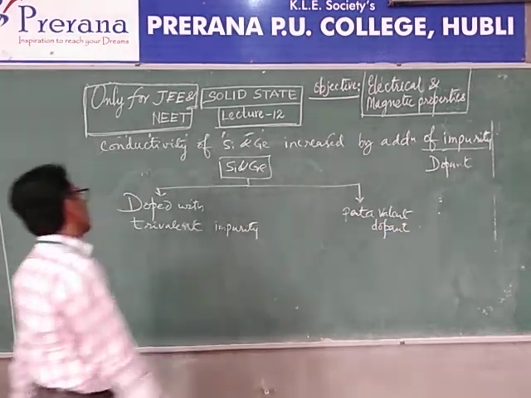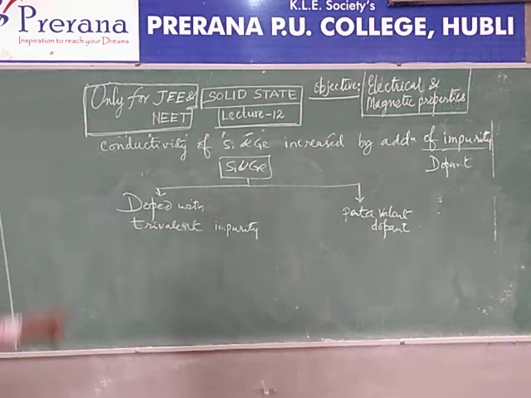In these two cases, the process is known as doping, and there are trivalent impurities as well as pentavalent impurities.